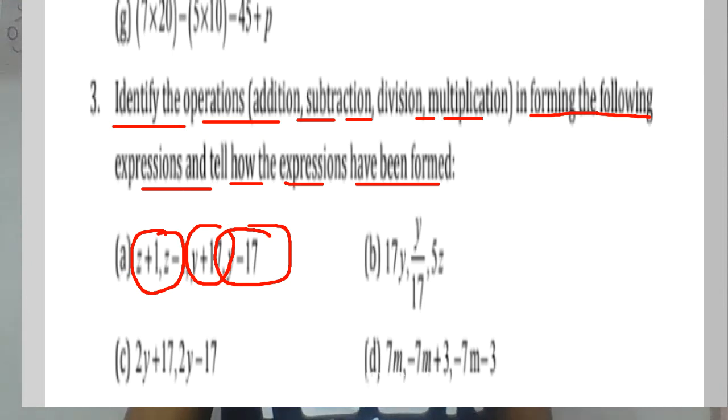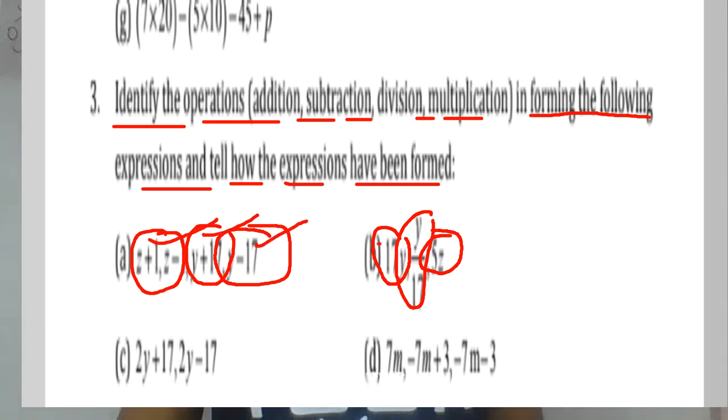In B part, 17y, y by 17 and 5z. Okay, so this is addition. This is also addition. This is subtraction, multiplication, division and multiplication. So let's see how to write it.